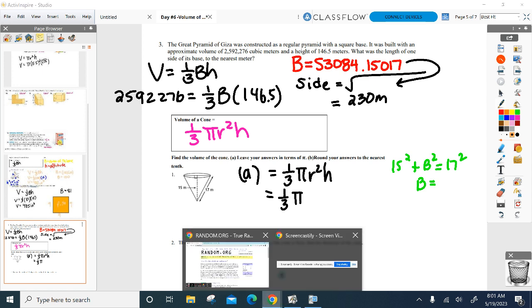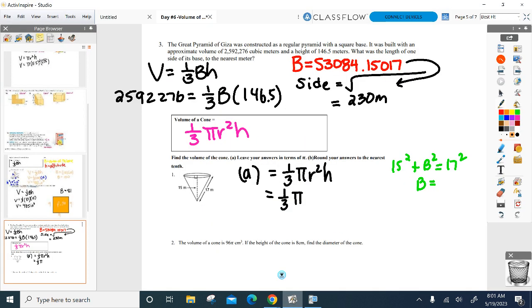All right, what's your radius length when you get it? Oh, 8.